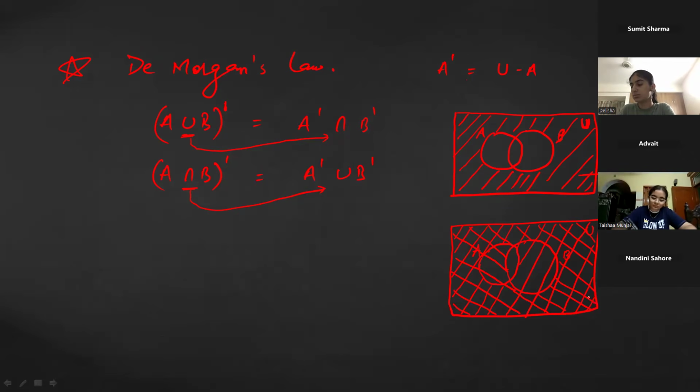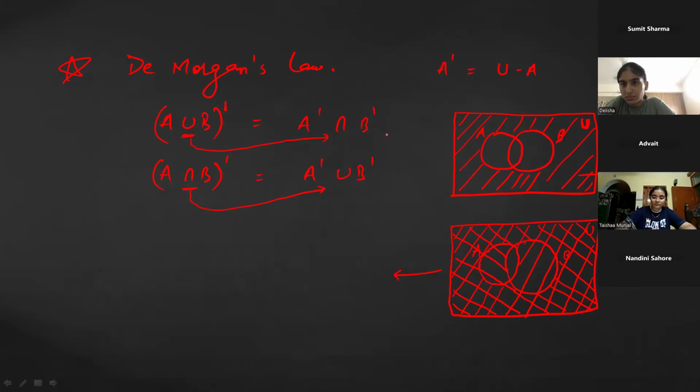So this is the region we have done for A complement as well as for B complement. Now we have to find the intersection of these two. Intersection means whatever is common in between these two will be the shaded region, right? Which will actually be equal to A complement intersection B complement.